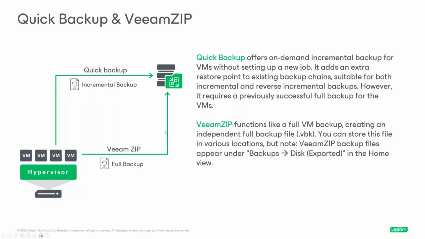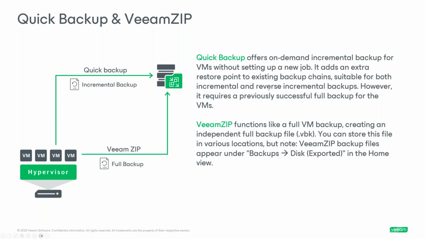With Veeam, you don't necessarily have to create a whole policy in order to create a restore point. You can create a quick backup. Quick backup will create an incremental backup without setting up a new job.